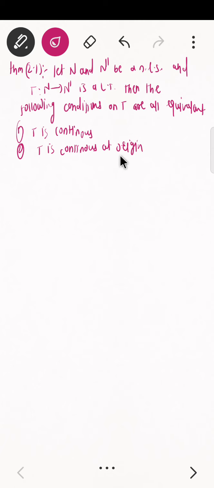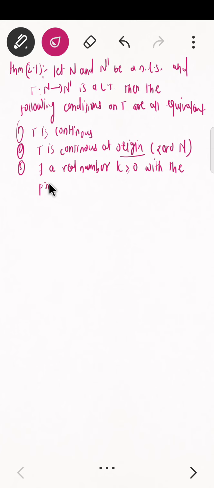What does origin mean? The origin is nothing but the zero of the normed linear space N. Third, there exists a non-negative real number K, that is K is greater than or equal to 0, with the property that the norm of T(x) is less than or equal to K times the norm of x for each x belongs to the space N.